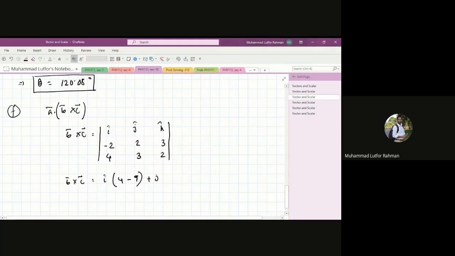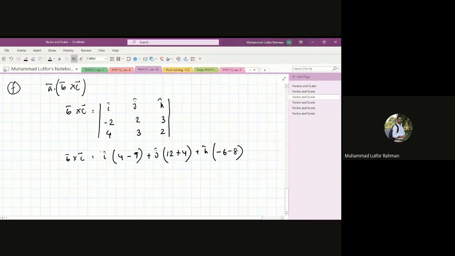Plus, I'm using the plus sign. You can use the minus sign, but then you have to reverse the order. This will be 12 plus 4, and K will be minus 6 minus 8. That gives me B cross C, which is minus 5I hat plus 16J hat minus 14K hat.